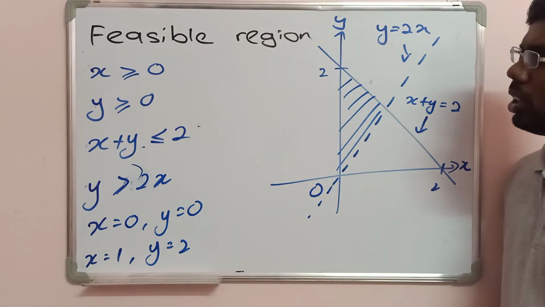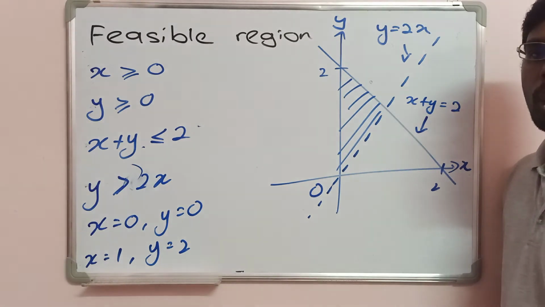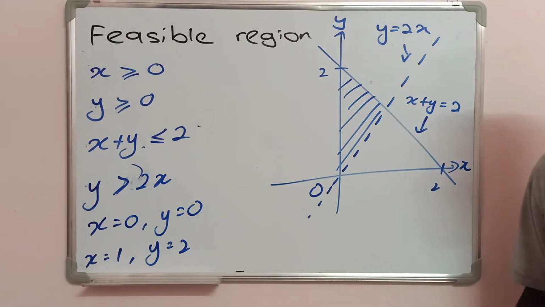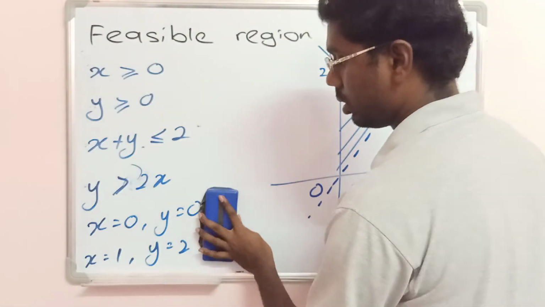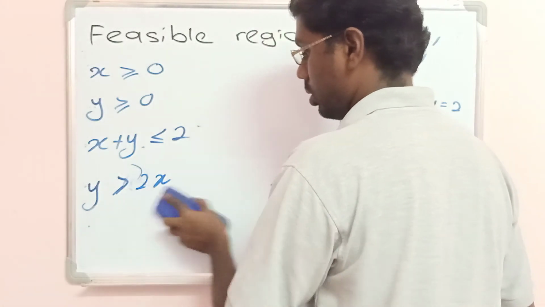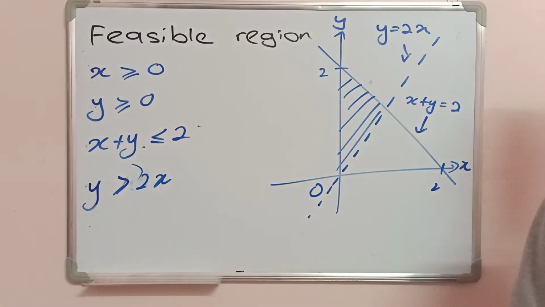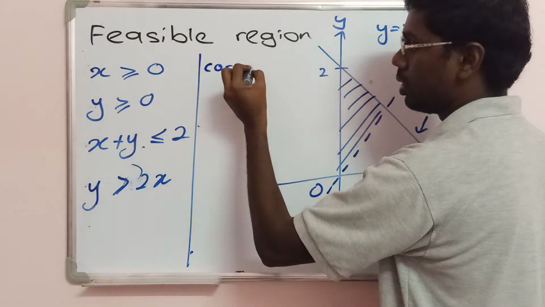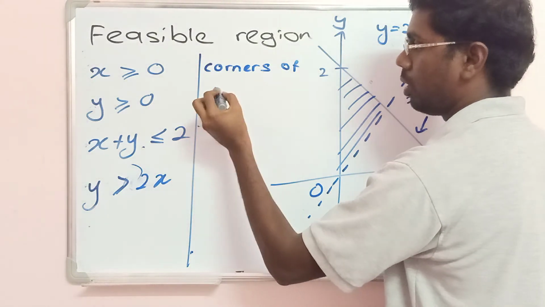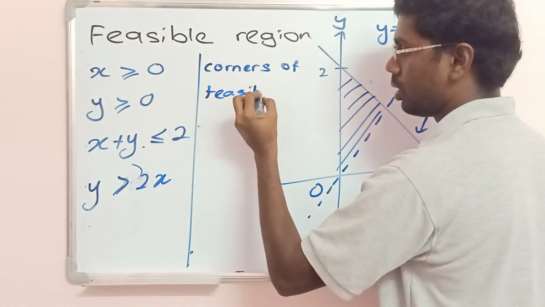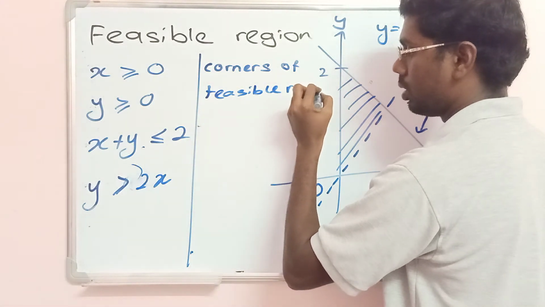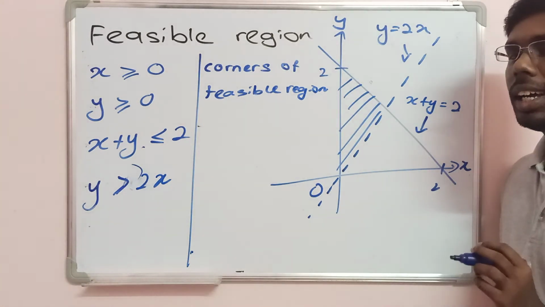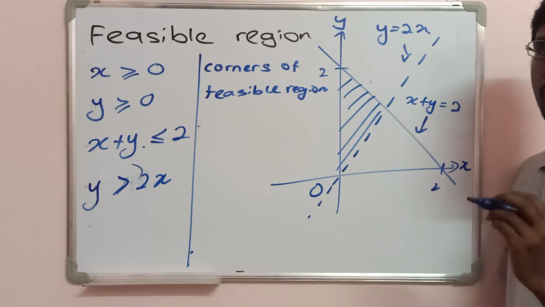And then if I want to find the coordinates or corners of the feasible region, so corners of the feasible region means the points on the feasible region.